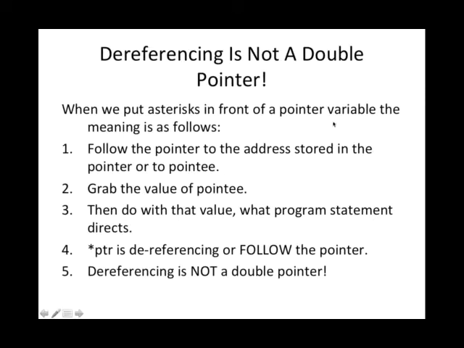When we put asterisk in front of a pointer variable, the meaning is this: follow the pointer to the address stored in the pointer, or to the pointee, grab the value of the pointee, then do with that value what the program statement directs you to do. Asterisk PTR is dereferencing, or follow the pointer, or indirectly reaching the memory location which is stored inside. Dereferencing is not a double pointer.